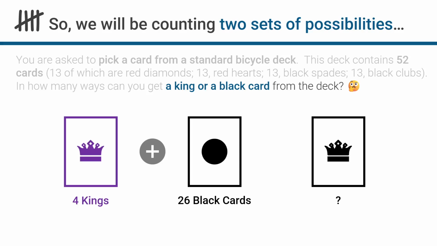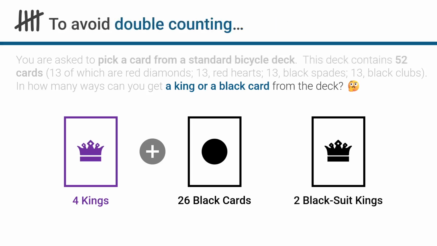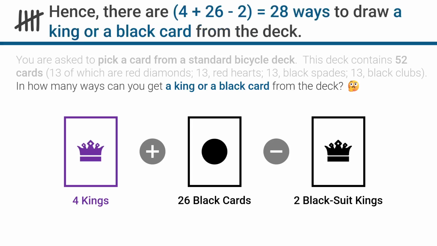It means we would be counting those 2 kings twice, so we need to subtract those 2 black kings, so that we consider only the 4 kings and then the rest of the black cards. Hope this is quite clear. So how many are there? We have 28 ways to draw a king or a black card from the deck.